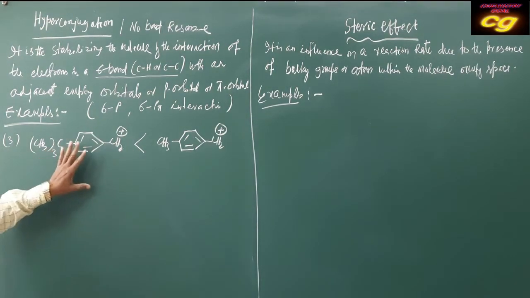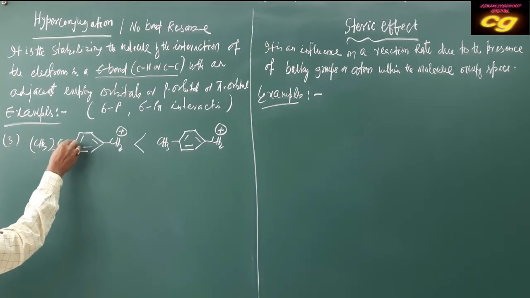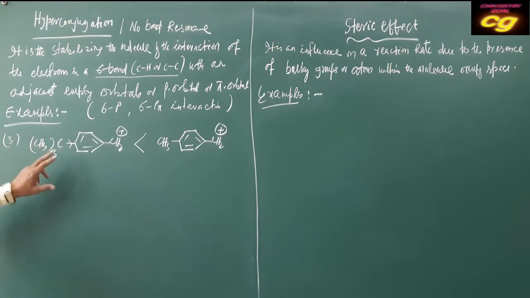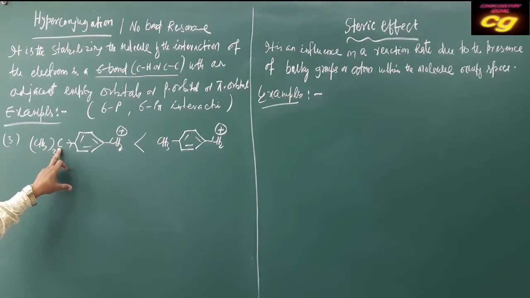This is the benzene ring, and in terms of the inductive effect, this is the inductive effect. But if you see hyperconjugation, here hyperconjugation will be less, because of this carbon position.